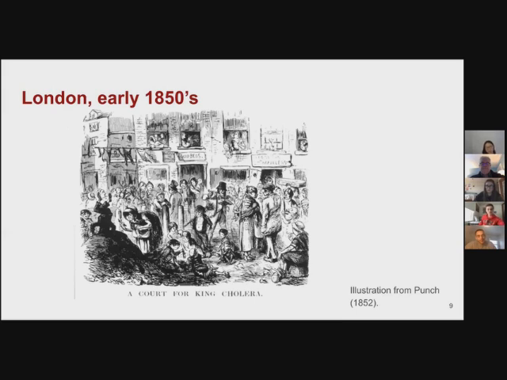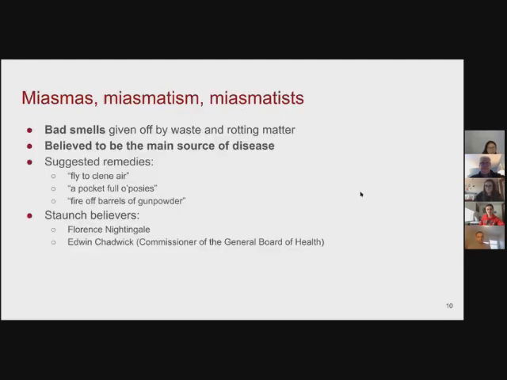In particular, London had neighborhoods which were better off and neighborhoods which were worse off, and this was happening a lot in the worse off areas, okay? The issue is there were some bad smells given off by waste and rotting matter, and people got a lot of bad symptoms, like vomiting and diarrhea, and many of them died in the end as well.